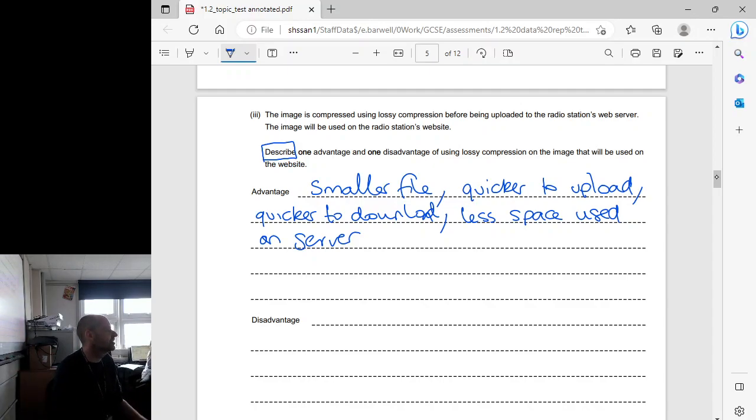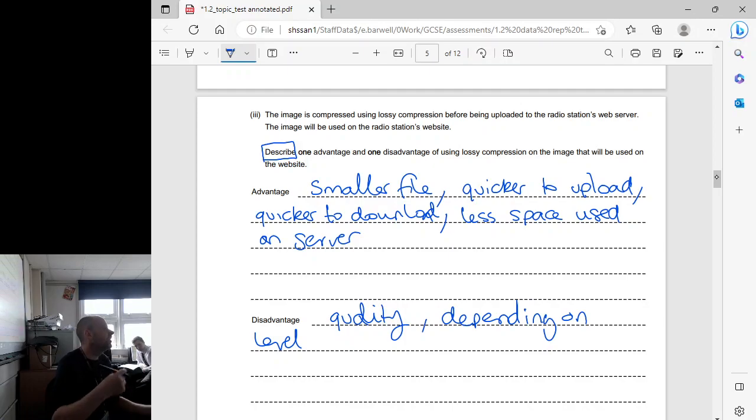Right, disadvantages. Quality. Did anyone put any other disadvantages? I can't remember. But quality, depending on how aggressively you compressed it. If you were going for mega high compression, the quality would be pretty poor.